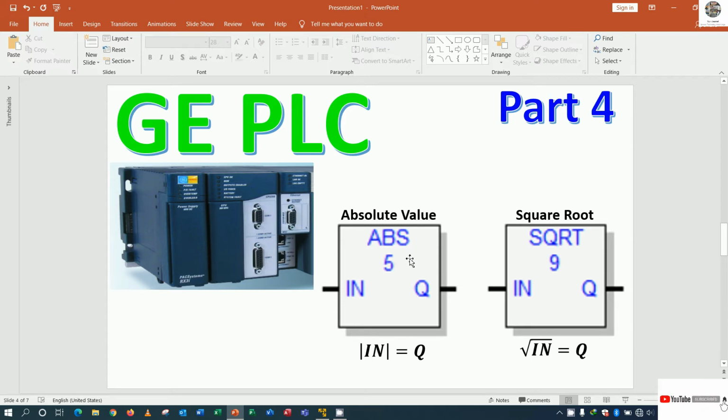First is the absolute value, and second is the square root function. And we also ran a simulation inside our program.